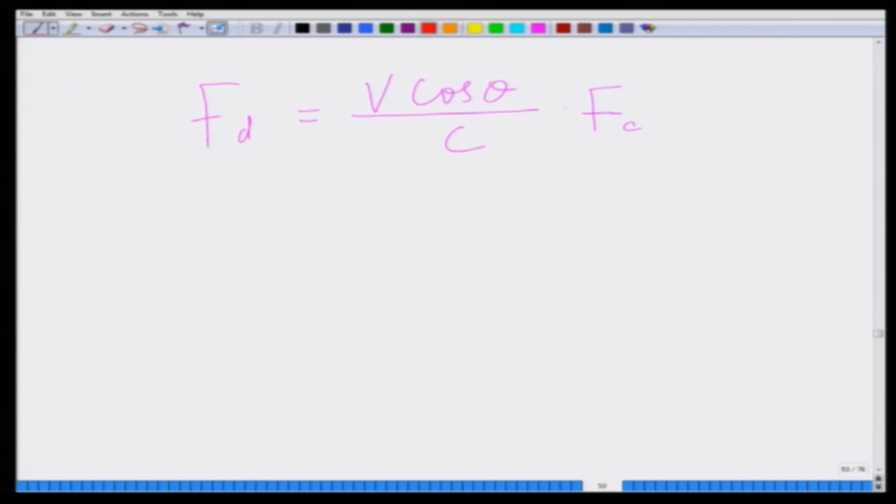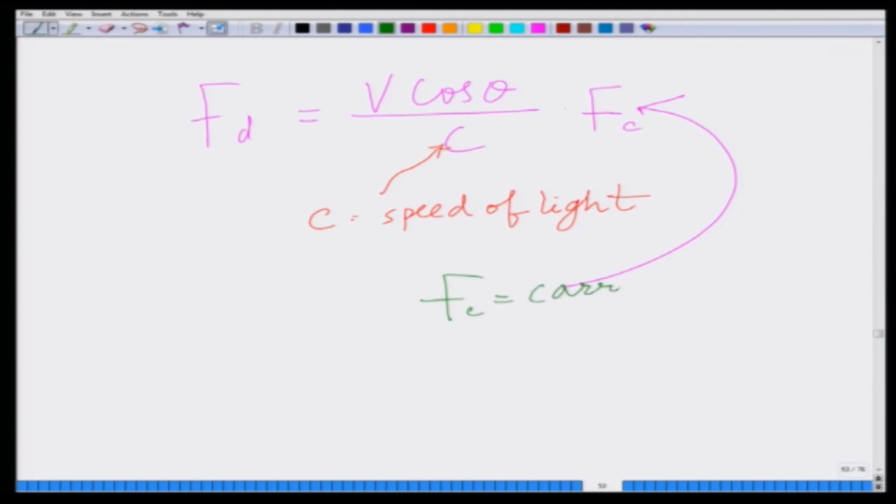V is the velocity, theta is the angle, c is the speed of light, or basically the speed of an electromagnetic wave, and Fc is the carrier frequency of the signal.